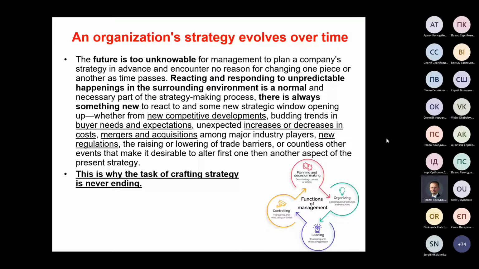But the external environment of the company is changing, and a company has to react to these changes in the external environment. Who could imagine a year ago that now we would have this awful situation in Ukraine? And all the companies have to adapt their activity to this situation.